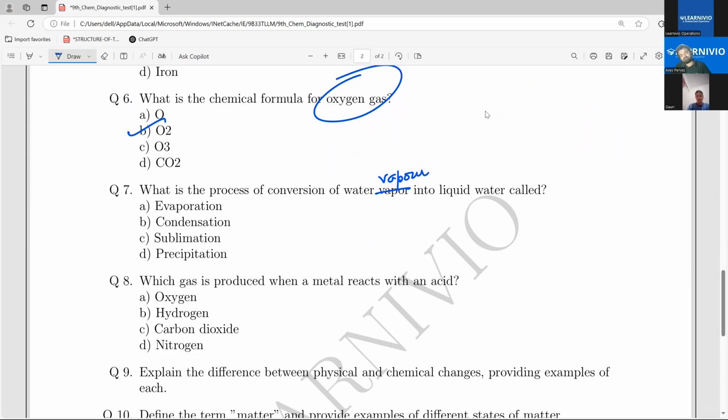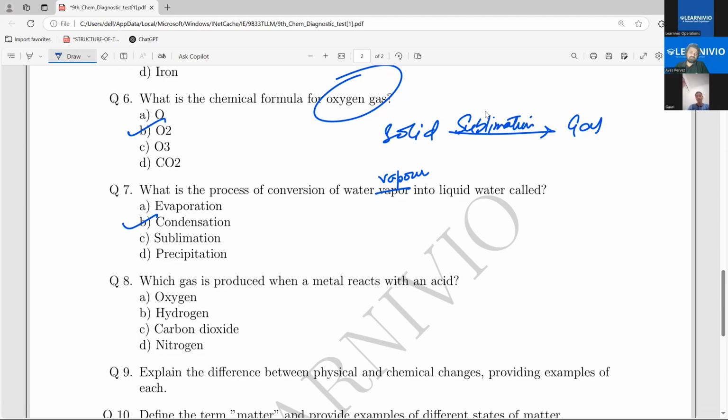Is it condensation? When we change solid directly to gas without going into the liquid state, what is it called? Sublimation. Yes, it is sublimation. Good.